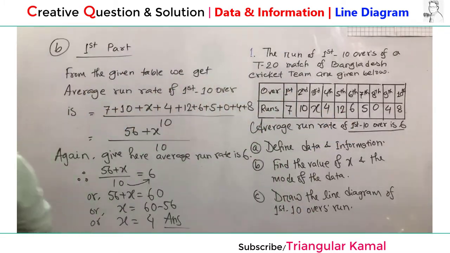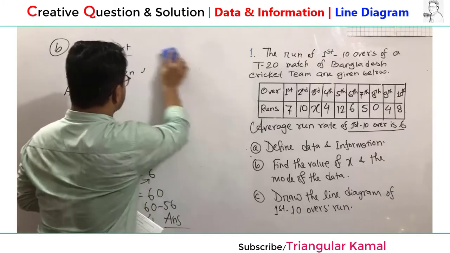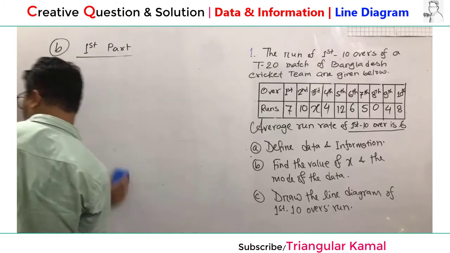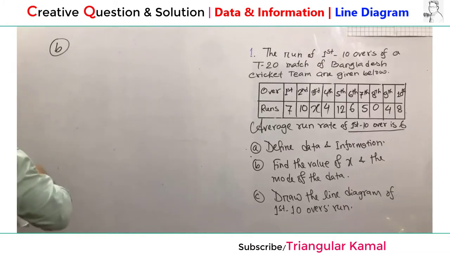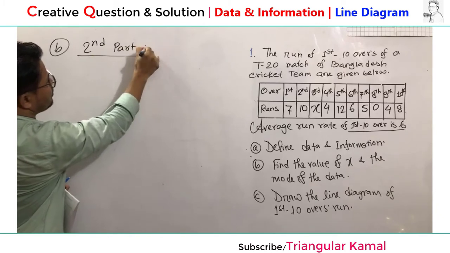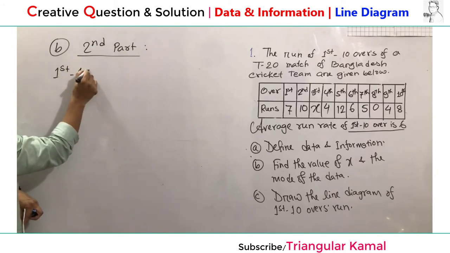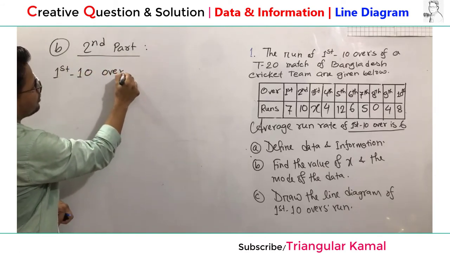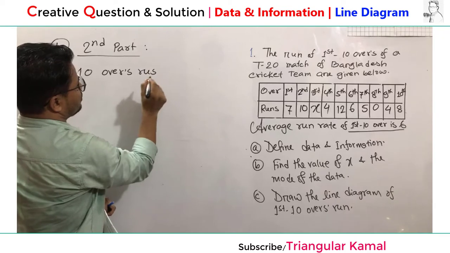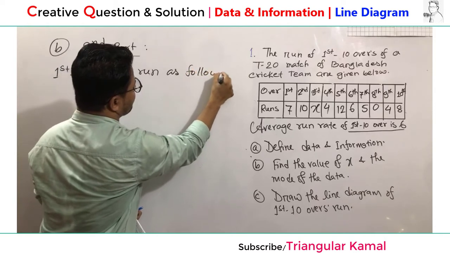Okay, now we will discuss the second part of the question, question number B. The first 10 over runs are as follows.